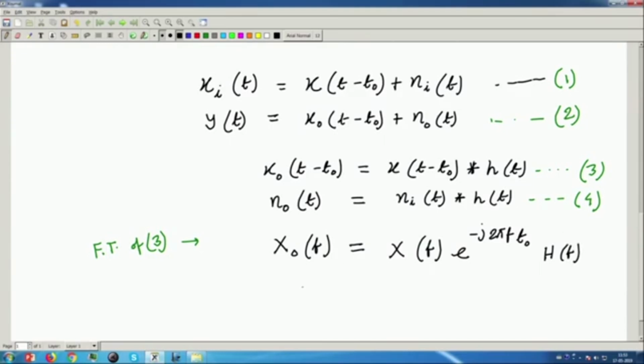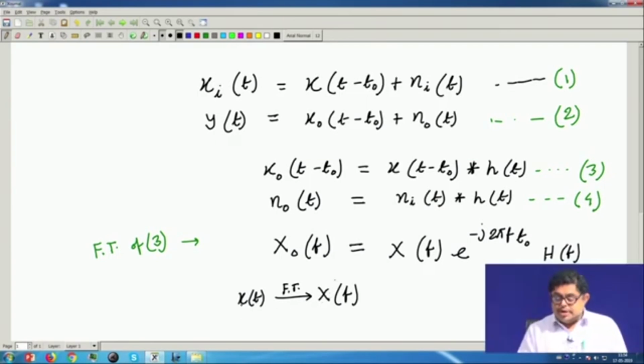What is X(f)? X(f) is the Fourier transform of x(t); if I take the Fourier transform, I get X(f). Generally, we follow the convention that this X is capital, because their functional relationship is different. This x and X are different functions, so that is why we make it capital. So, x(t), X(f), h(t), H(f), I have already said.